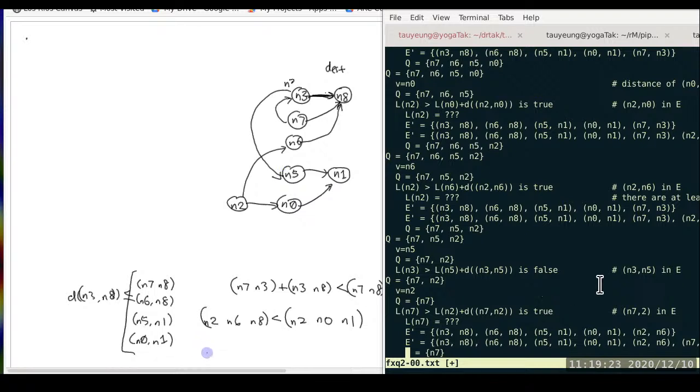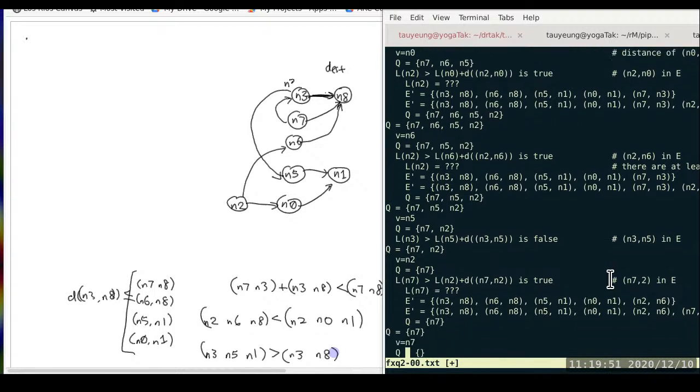So we know that n3, n5, n1 as a path has a length that is greater than what we have found already from n3, which is from n3 to n8 directly. So we are really just looking at the ordering of things right now.